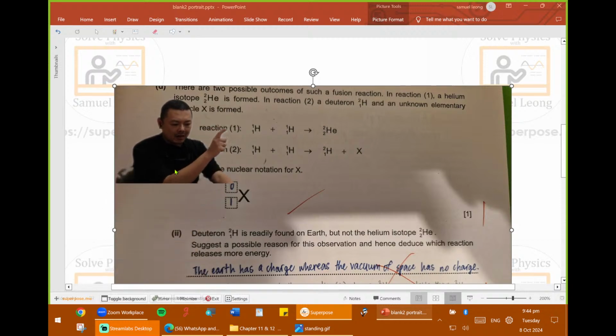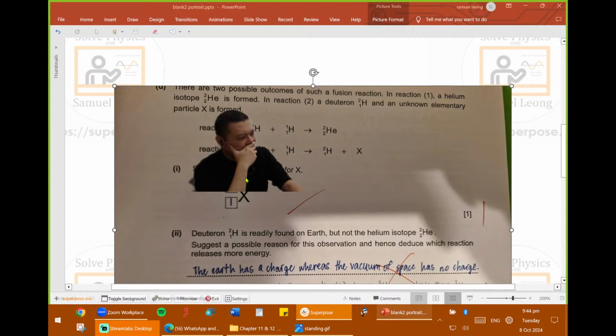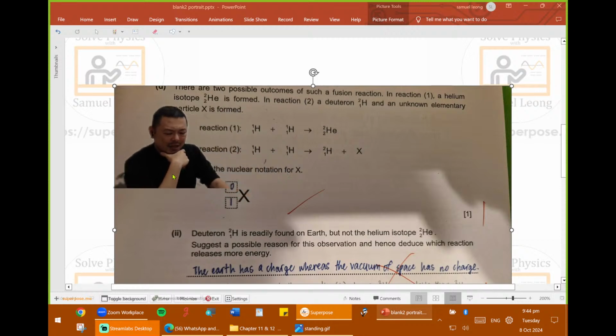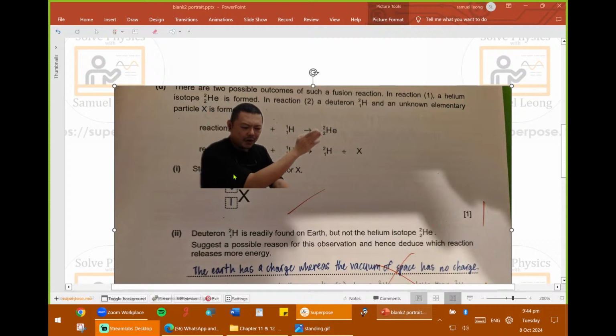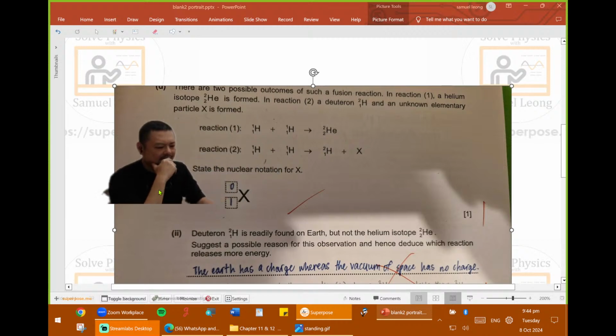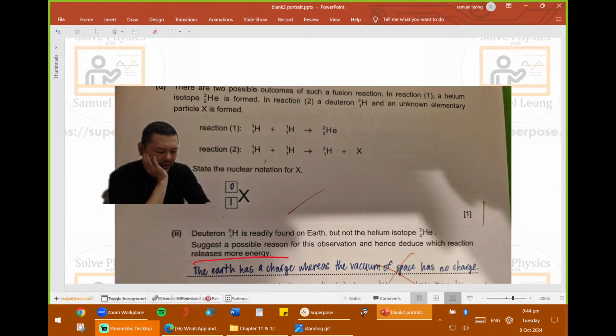Because in reaction one, if you form this helium-2, it's probably very unstable. So it's not likely that you get two reactants to form a highly unstable nucleus. I would say that it's just not energetically favorable. If you want me to focus on energy, which one releases more energy?